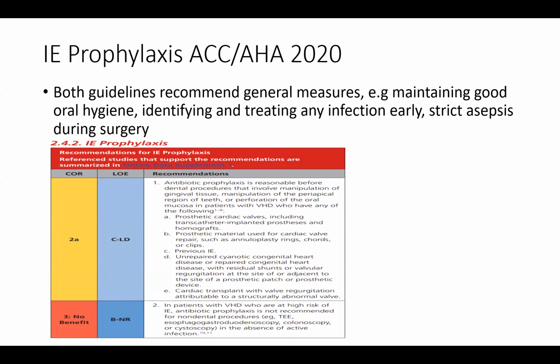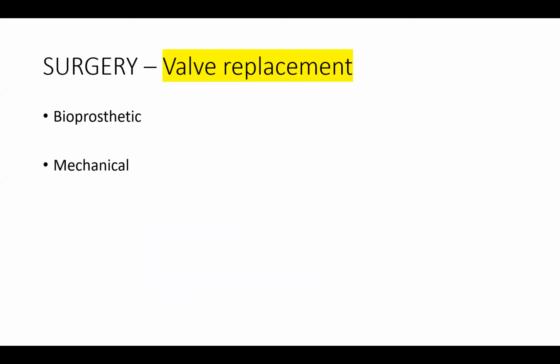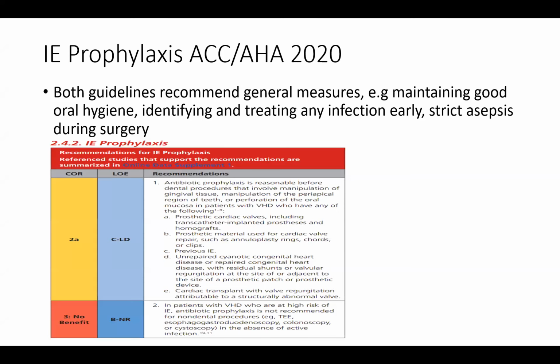So that's why gastrointestinal and urinary tract procedures were removed. Of course, the dental was also streamlined to, if we're manipulating gingival apical tissue or breaching the oral mucosa, and the categories of patients that were considered eligible were also streamlined.